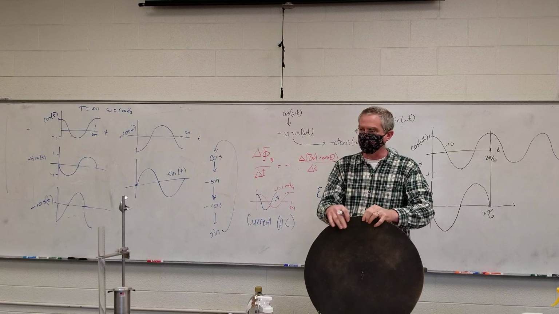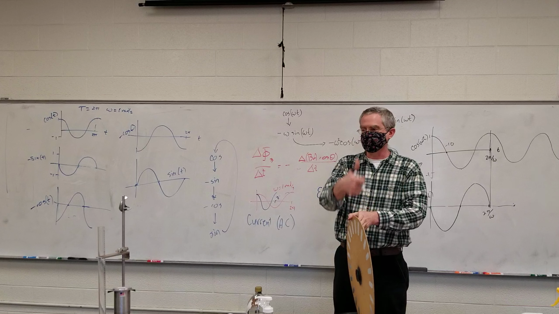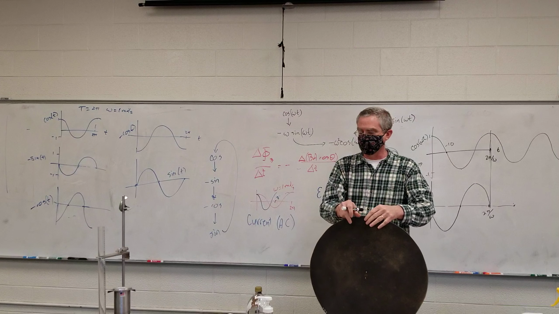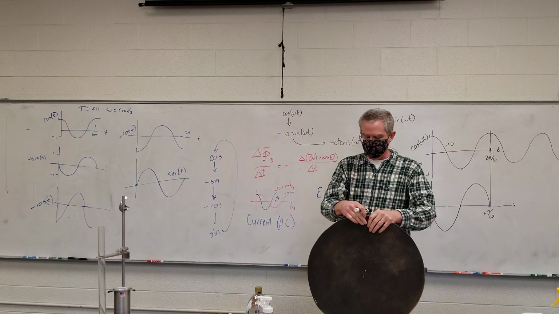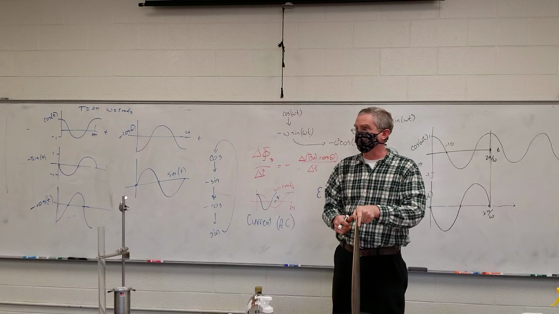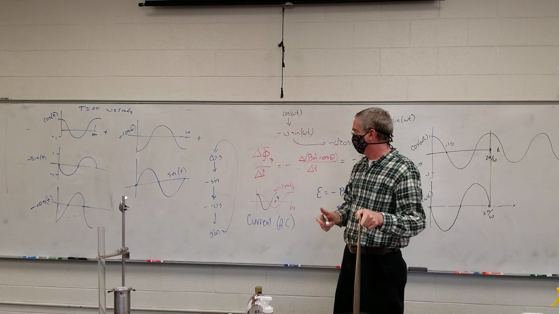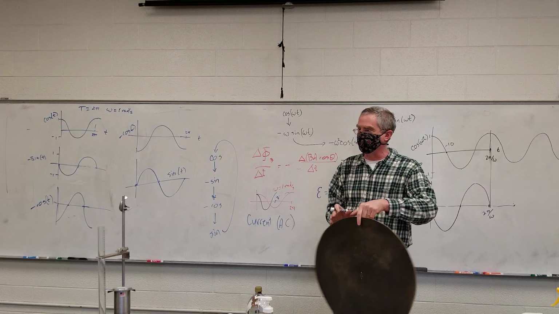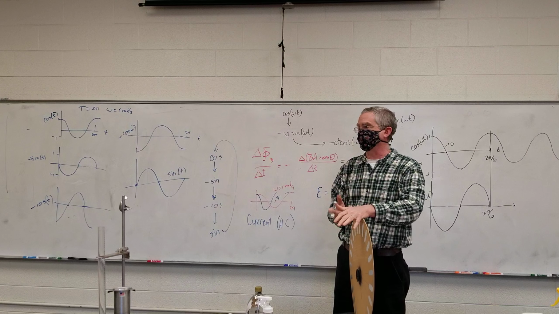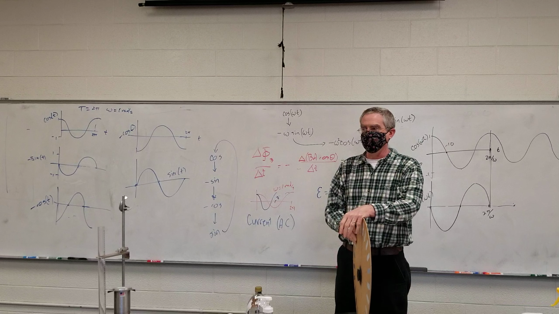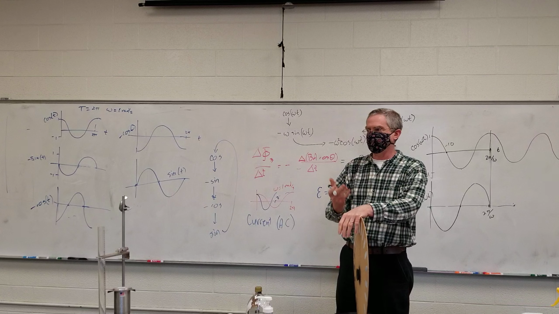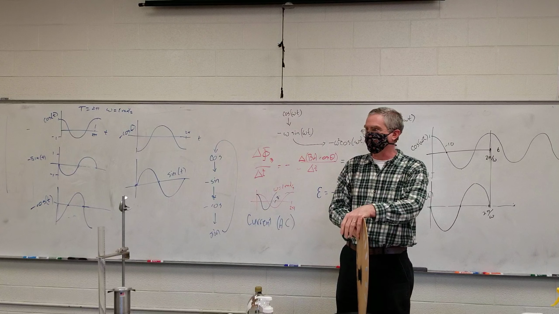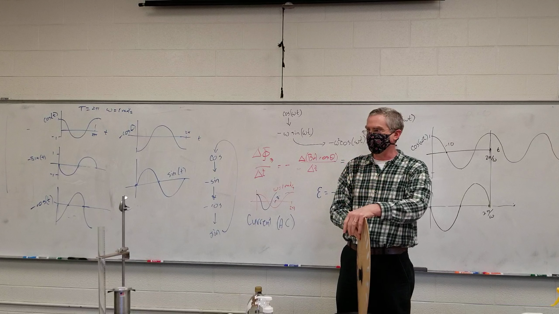If I started it pointing this way and spinning it with angular velocity upwards, that would start at 0 and then go negative. It's a negative sign, so we'd be starting with a negative sign. If I started here and started spinning it like that, that would be a negative cosine. Or, just redefine one of your directions as positive, and suddenly it becomes positive cosine.